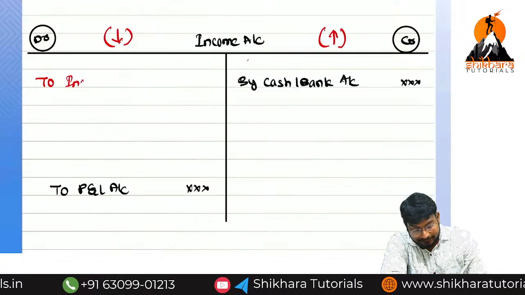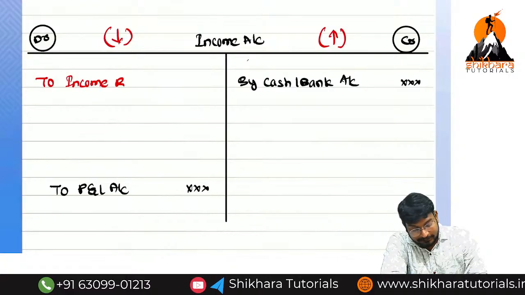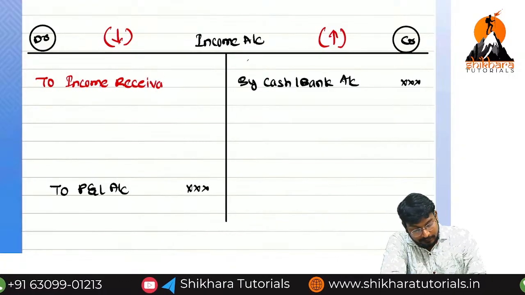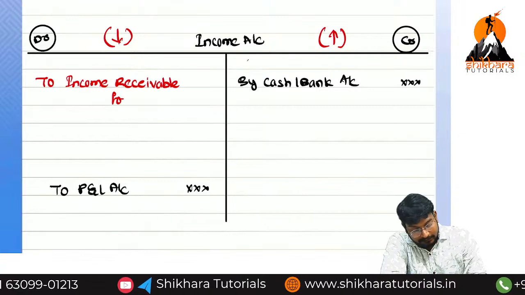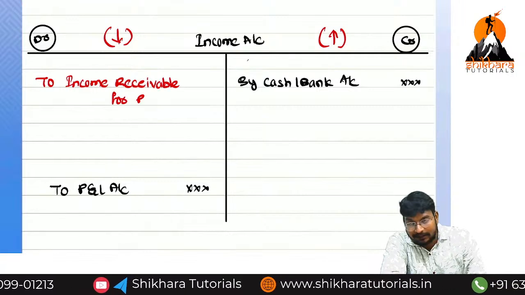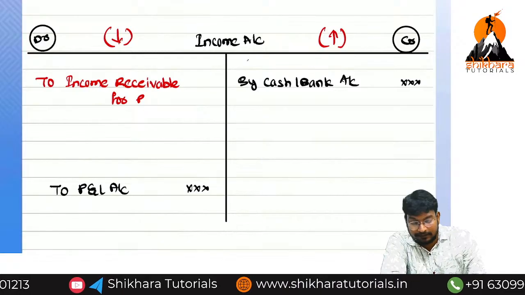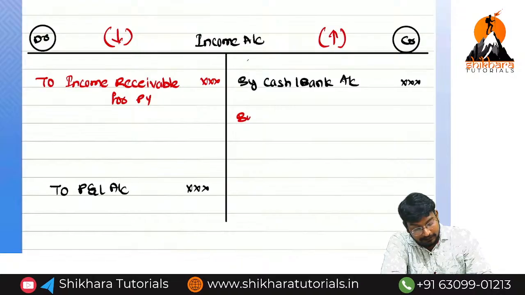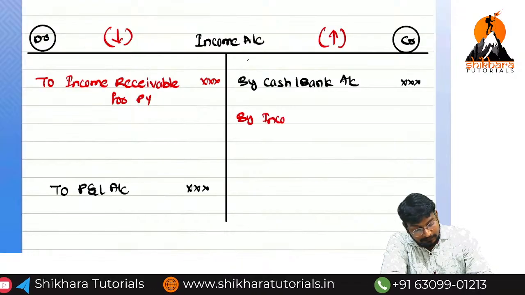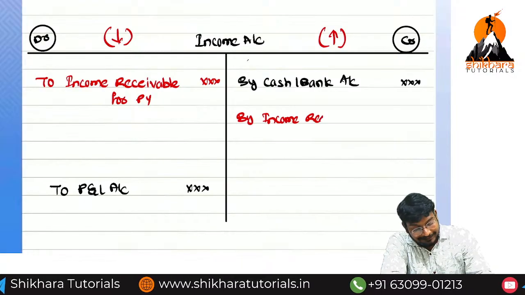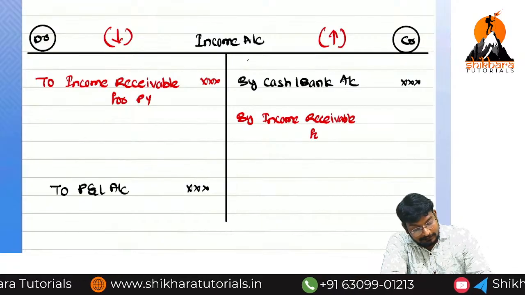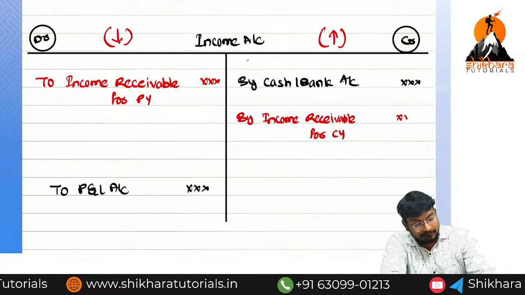For which year? Previous year or current year? Previous year. Next. By income receivable, current year. Current year. Next one.